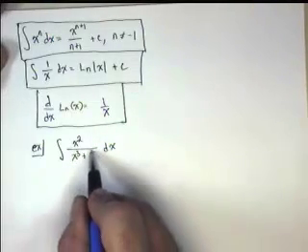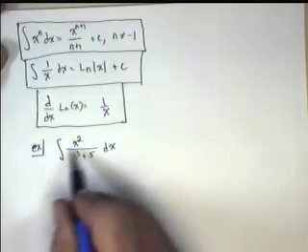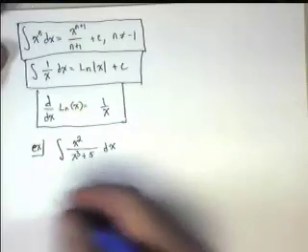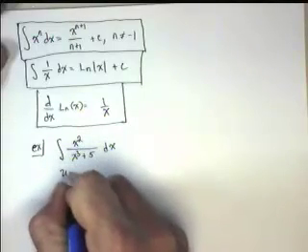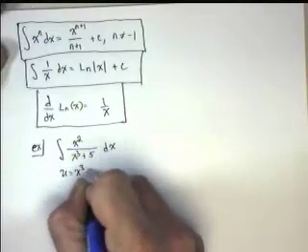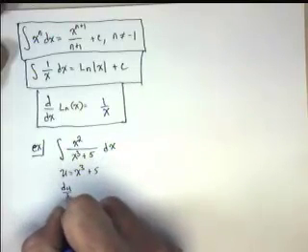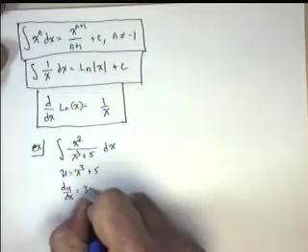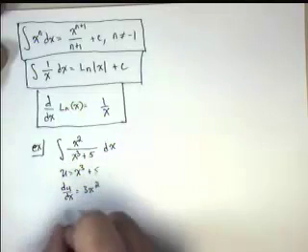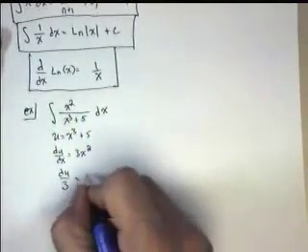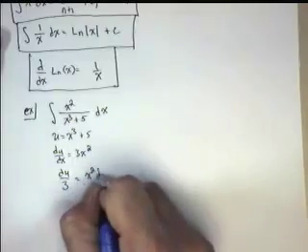Previously, we could not let u equal the entire denominator of a function because we wouldn't have known what to do with the 1 over u when we're there, but now we can. Let's say u equals x cubed plus 5. Then du dx is 3x squared, and du over 3 is x squared dx.